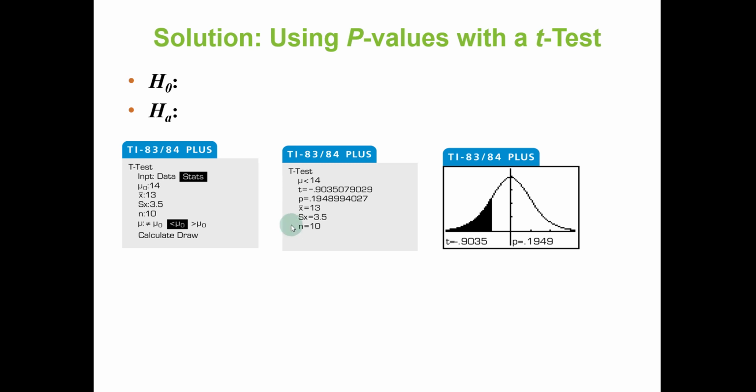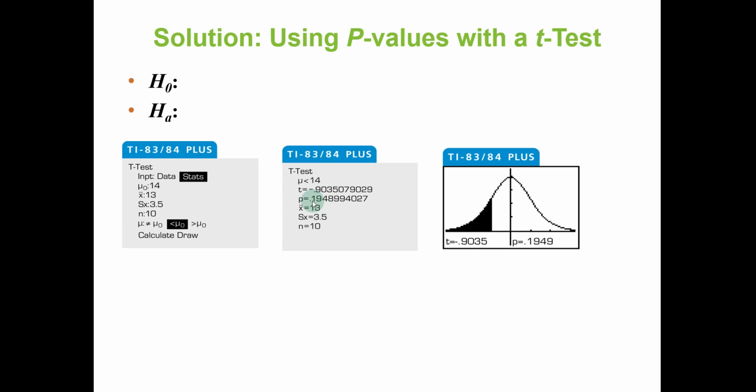If you use technology to calculate, so this is your null. This calculator is trying. Now this is your p-value. It's a t-test, the student t distribution, that gives you this p-value.